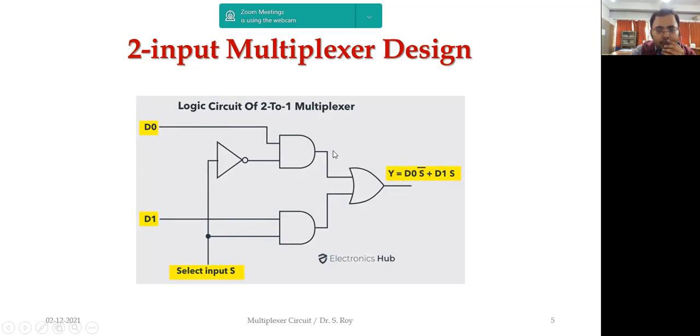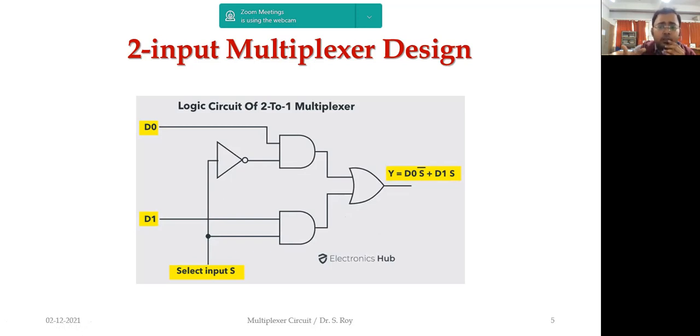At the output of this AND gate, we get D0 S bar, the first part. On this side, we have directly connected the select line as well as the D1 input, so the output of the second AND gate is D1 S. So we get two components: D0 S bar and D1 S.